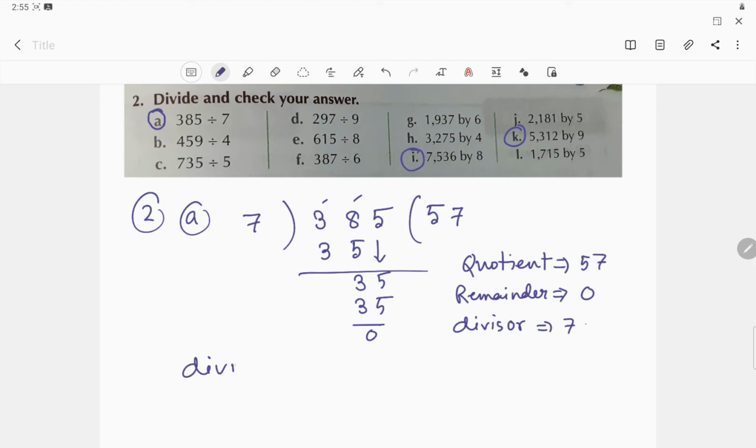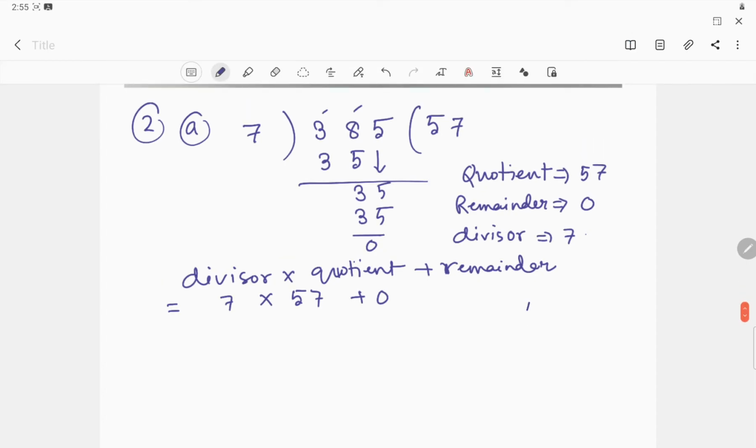So divisor into quotient plus remainder equals divisor 7 into quotient 57 and remainder 0.